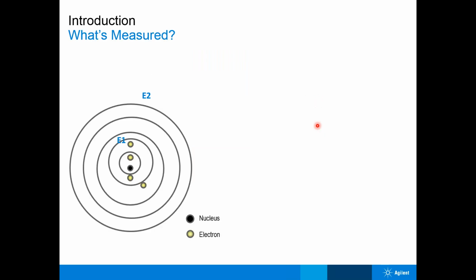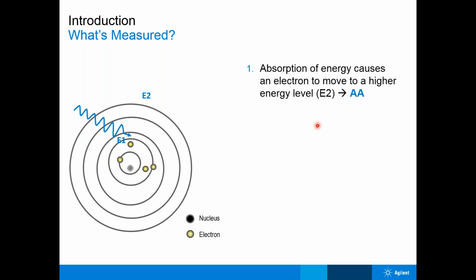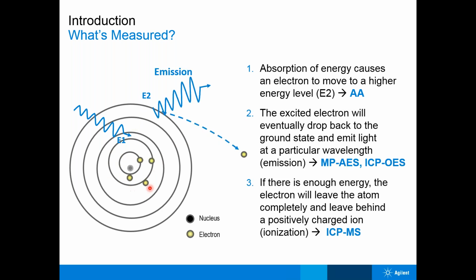So what is measured and how it is measured is most important. Here, the nucleus consists of protons, and the electrons are moving around the nucleus. When they migrate to a higher energy level, the absorption of energy causes an electron to move to a higher energy level.